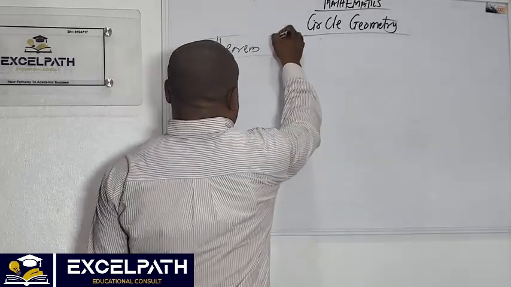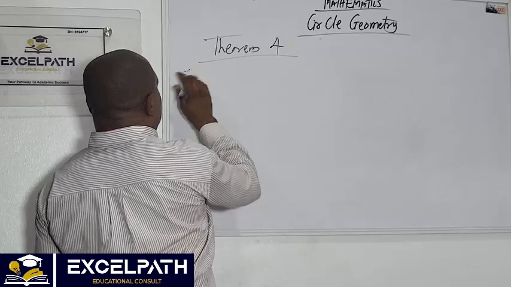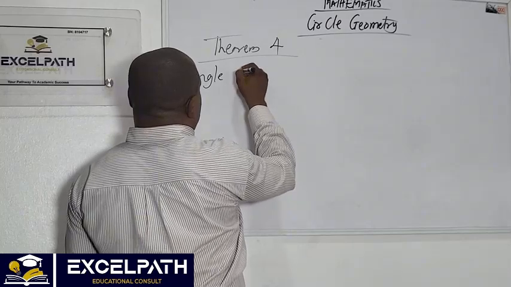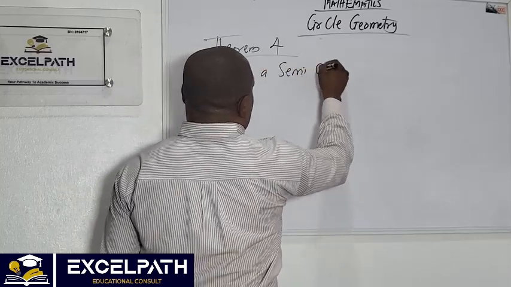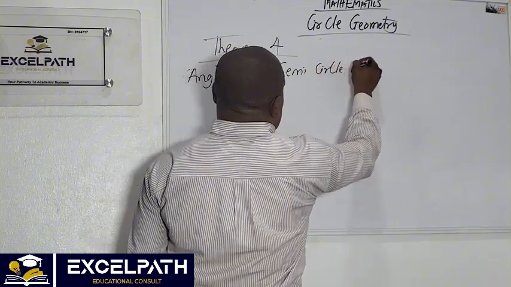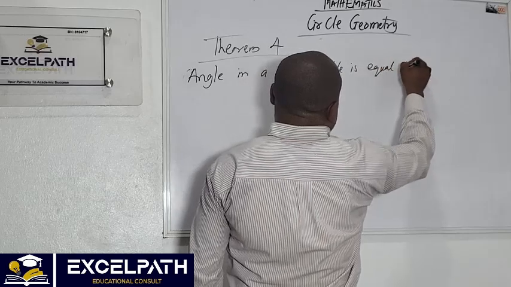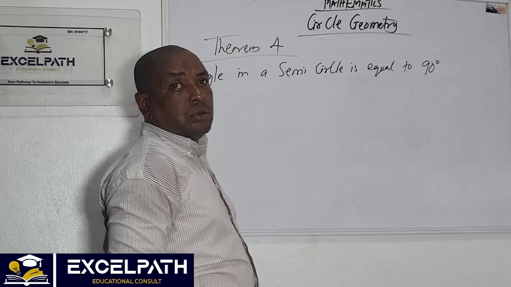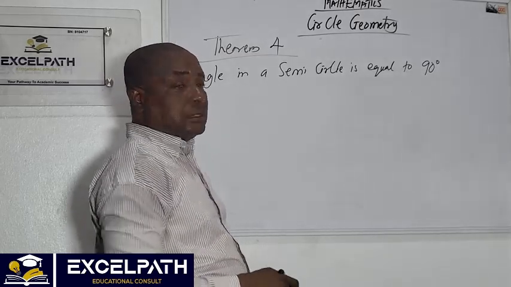Theorem 4 says that the angle in a semicircle is equal to 90 degrees.